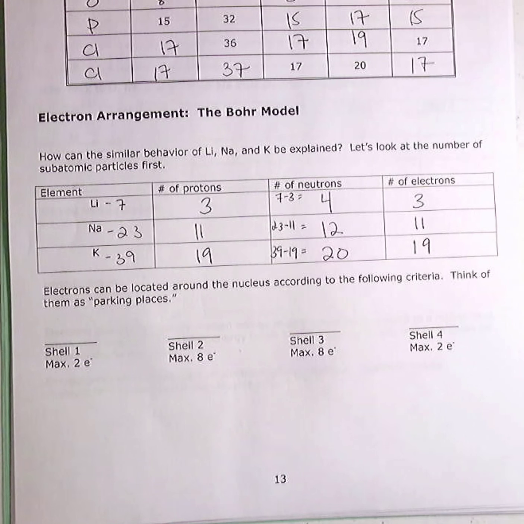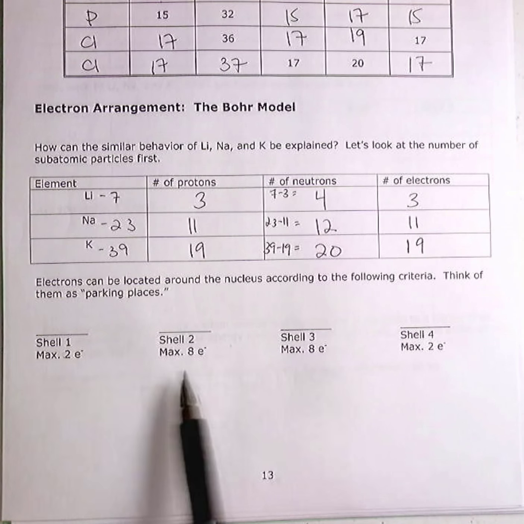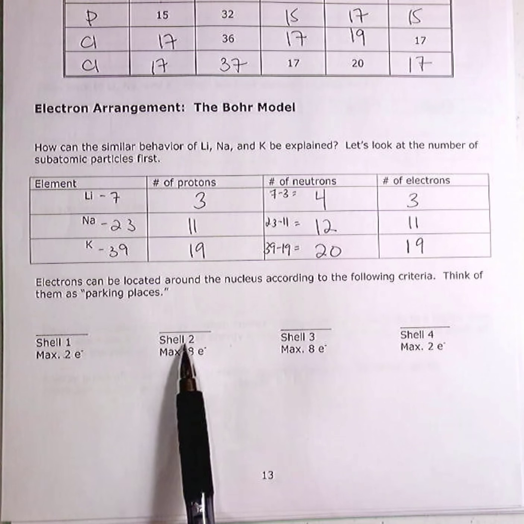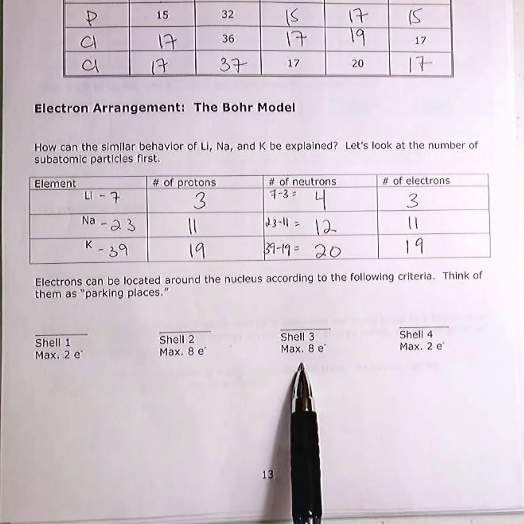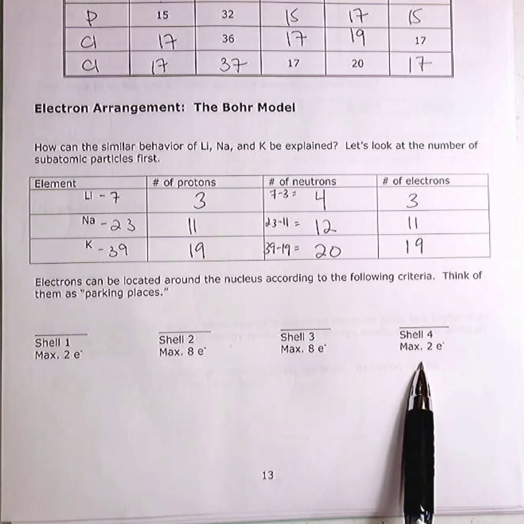So the first shell holds a maximum of 2 electrons. The second shell, or level, is slightly larger; it holds a maximum of 8 electrons. The third shell holds a maximum of 18 electrons, and I have 8 written here. And then the fourth shell holds a maximum of 32 electrons.